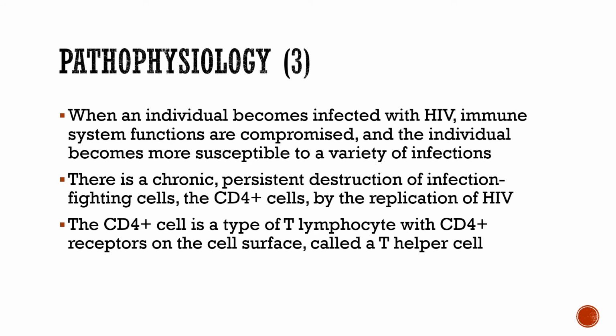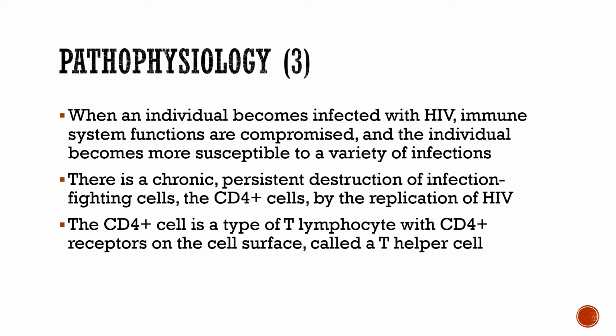So, when an individual becomes infected with HIV, the immune system is compromised, and the individual becomes more susceptible to a variety of infections, right? Because now there's something affecting my immune system, so I can't fight off everything as though I could before the infection.